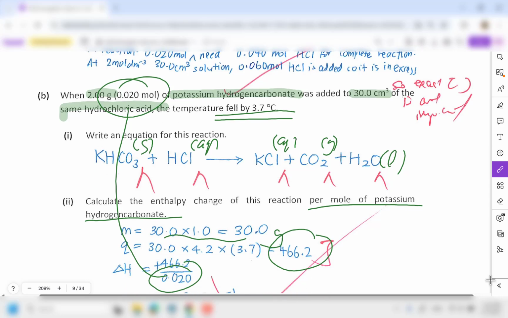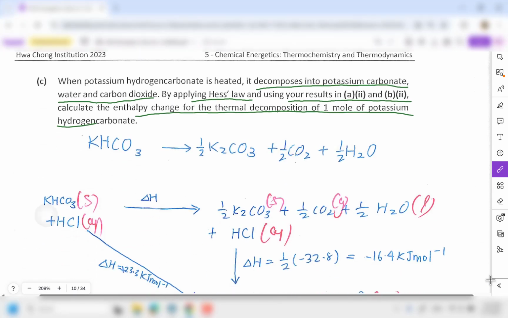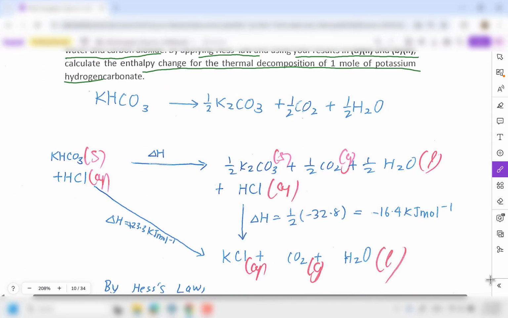For part B, potassium hydrogen carbonate reacts with HCl, you calculate its enthalpy change. Because of that, you are able to isolate the energetics term, and by drawing a complete cycle, you are able to determine the enthalpy change for the thermal decomposition in an indirect manner.